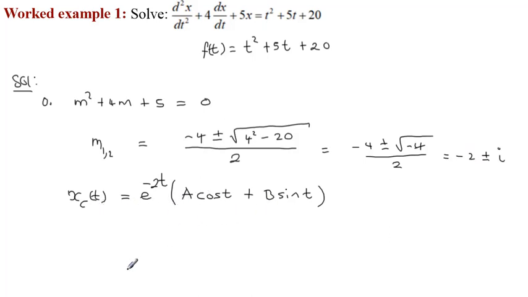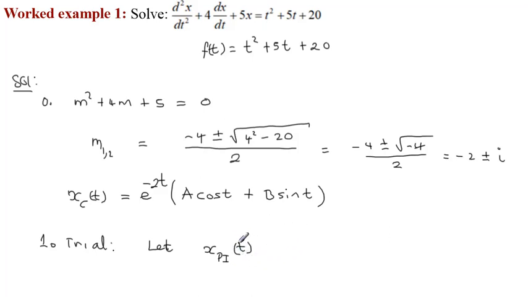Now, having that, our second part will be to get a trial solution. So let's say, let our trial solution in this case be x particular integral, a function of t.